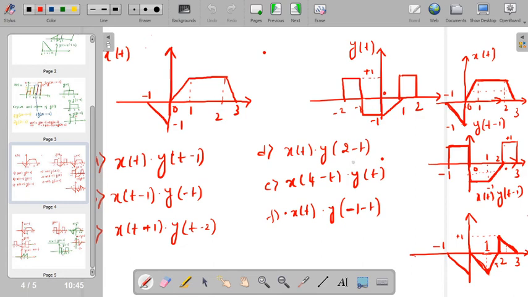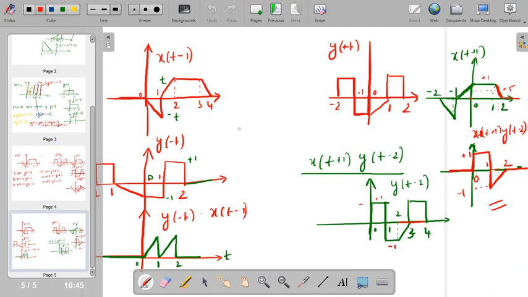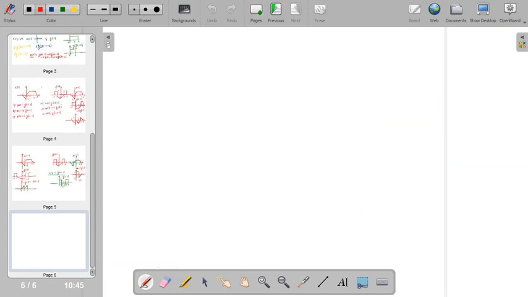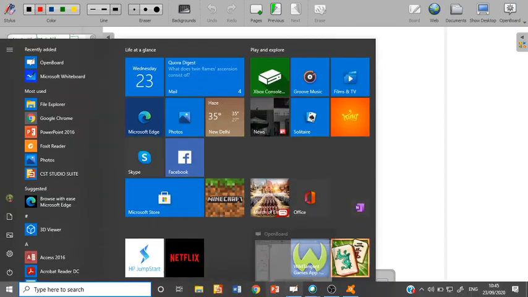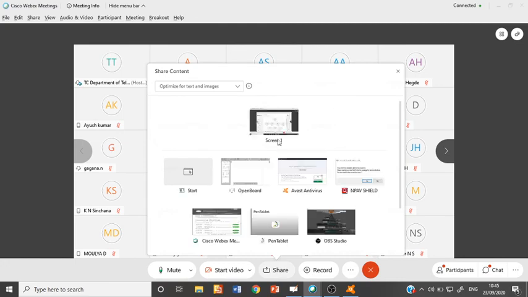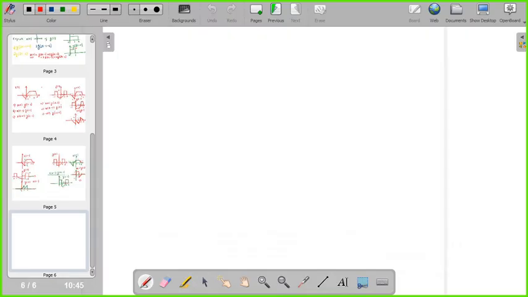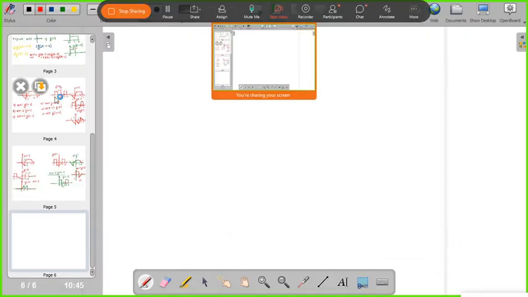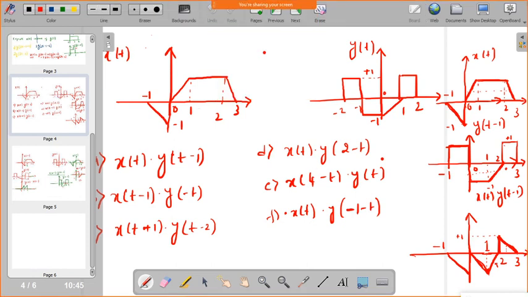Do it. x of t into y of 2 minus t. So the next one is x of t into y of 2 minus t.